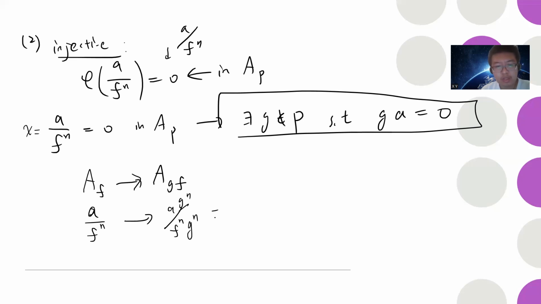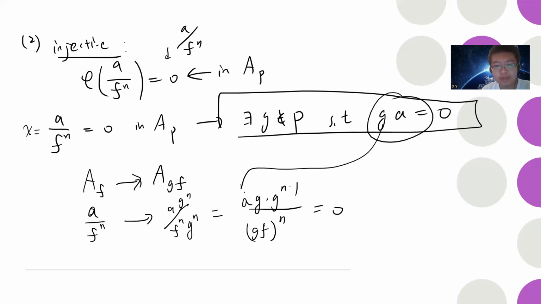But if this is true, then you are saying that a g^n minus 1 over (gf)^n is 0 because ga is 0. So this tells you that if a divided by f^n is 0 in A_P, that means that a divided by f^n is 0 in A_gf.